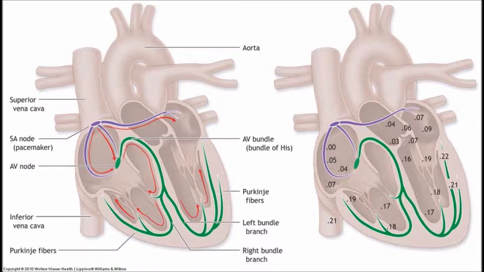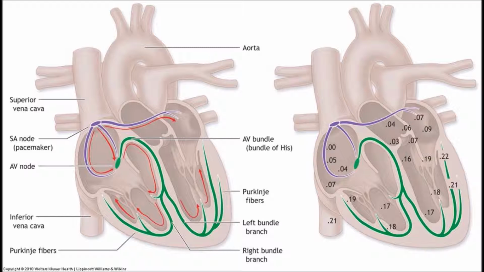The sinoatrial node sends a signal about 70 times a minute for the average person, depending on factors such as fitness and genetics. The sinoatrial node sends out an electrical signal that spreads through the muscle cells of the atria, causing them to contract, and they contract simultaneously.